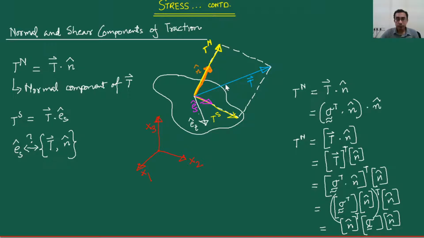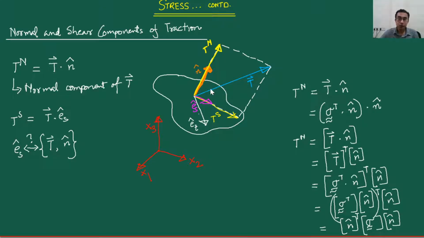So in the extreme limit that the T vector happens to be parallel to this n hat. In general, the traction vector is never going to be parallel to the n hat. But in the very special scenario that the traction vector is parallel to the n hat, then we can say that the entire Tn captures the strength of this traction vector, and there will be no shear component of the traction left.